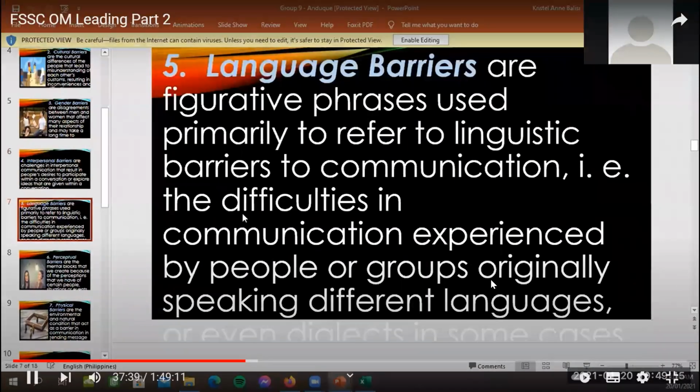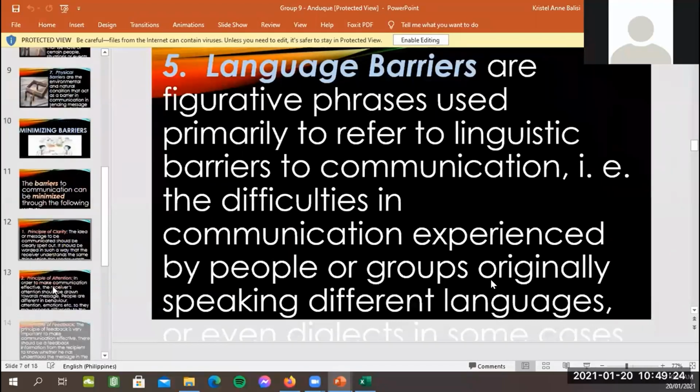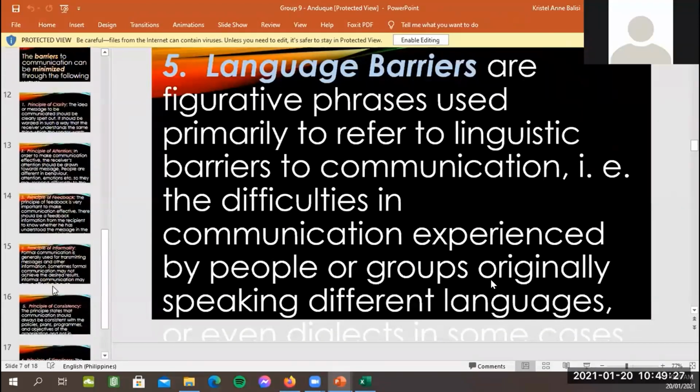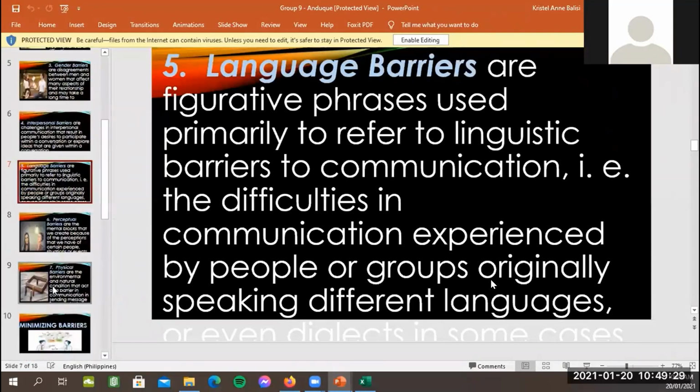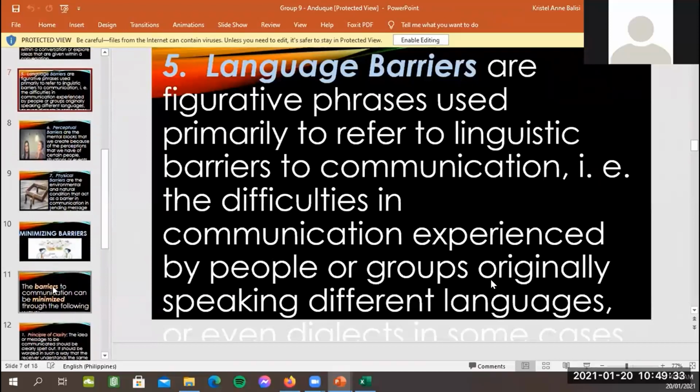Next po, ma'am. Language barrier is the figurative phrase used primarily to refer to linguistic barriers to communication. The difficulties in communication experienced by people or groups who are originally speaking different languages or even dialects.